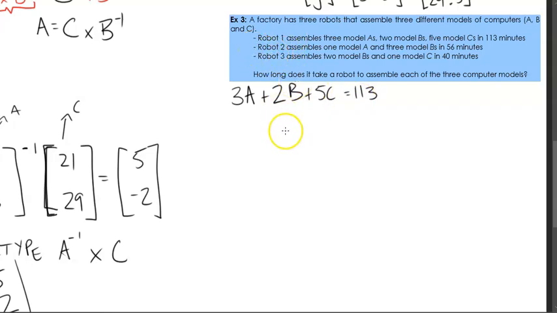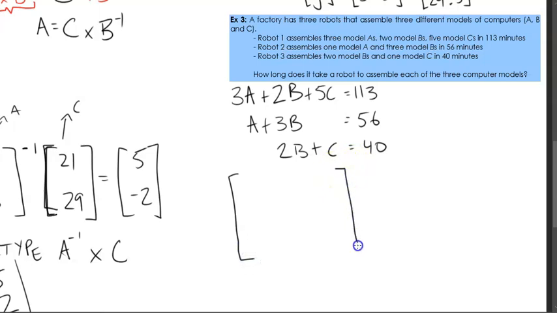And we do, because there are 3 robots. 1 model of A, so that's just A, and 3 models of B. No C, so we just leave it as that, 56 minutes. And 2 models of B, and 1 model of C, so plus C, is equal to 40 minutes. So there are our equations.